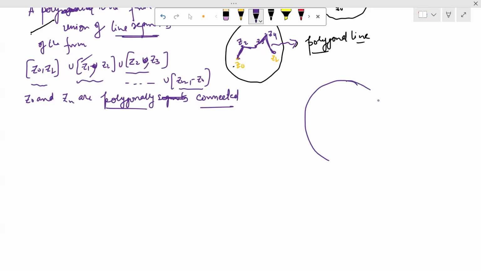So if I want to say that a set S is a polygonally connected set, it is when any two points can be joined by a polygonal line.